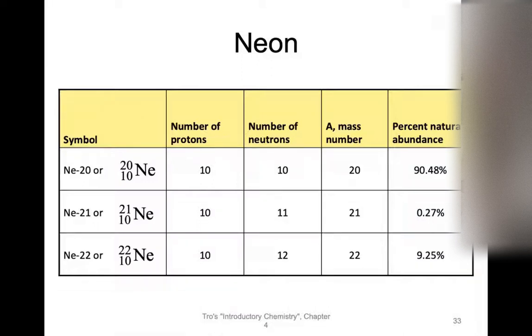That's the average of all of this natural abundance. So 90% of the mass 20, and a pretty good contribution of mass 22, and a very tiny amount of neon has mass 21. When they're all added together, the total is 20.18.